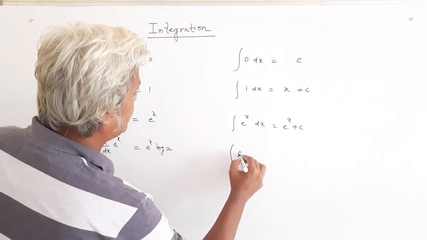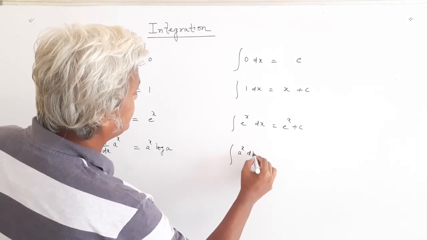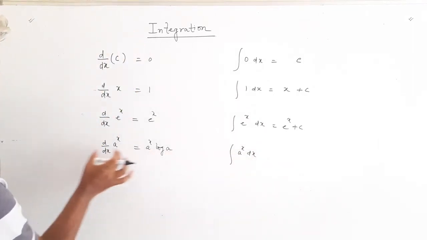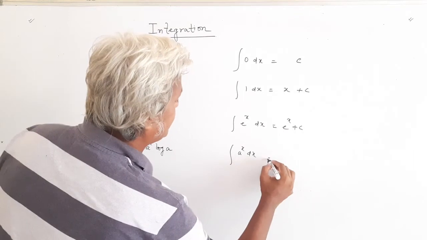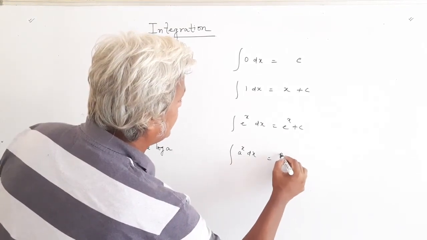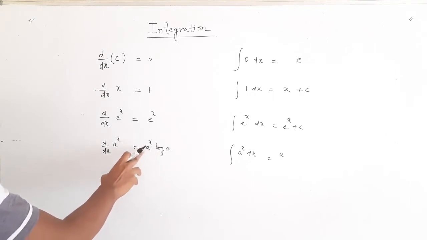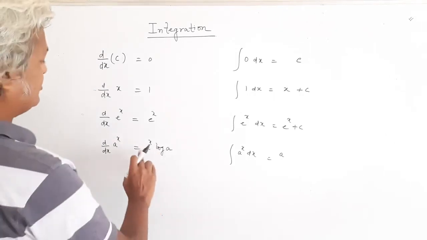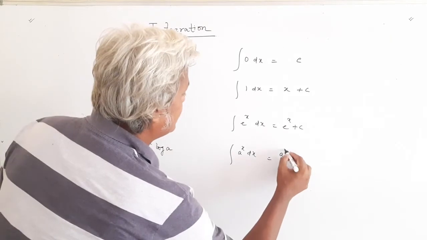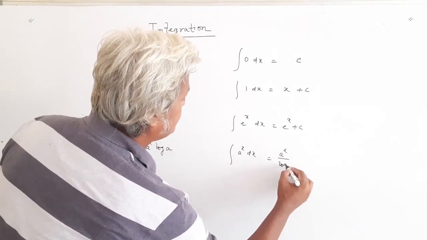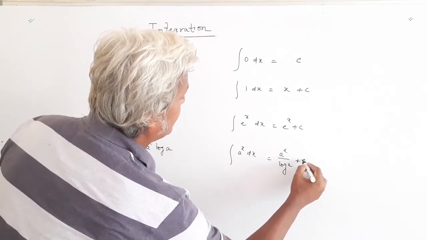Then the integration of a to the power x dx, taking this constant to the other side, equals a to the power x upon log a plus c.